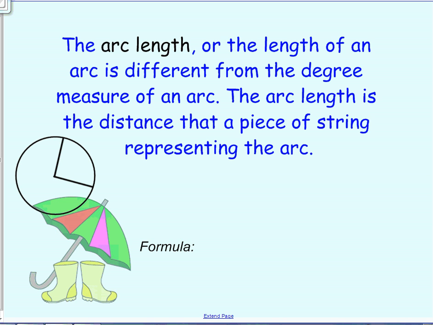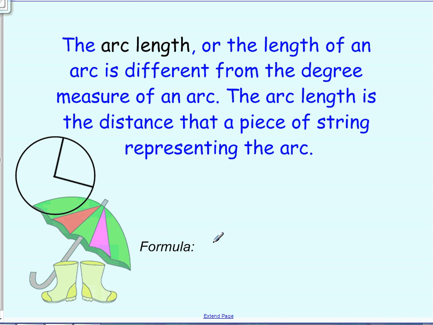What they're talking about is that the degree measure of the arc, which is like the degree of this angle right here, is different than the length of the arc, which is from this point right here all the way to this point, if we were to put a piece of string representing that arc.